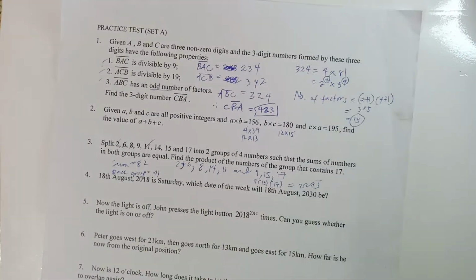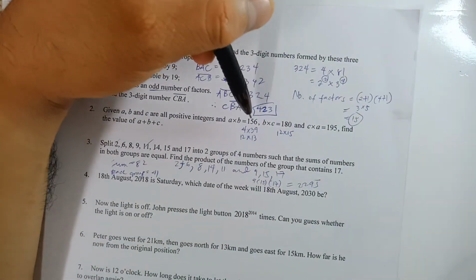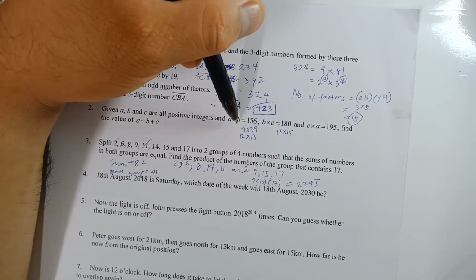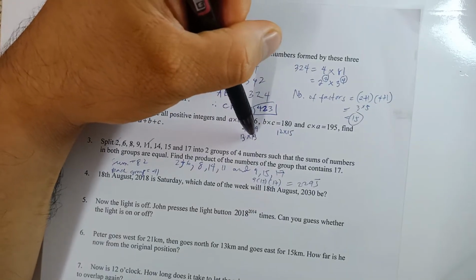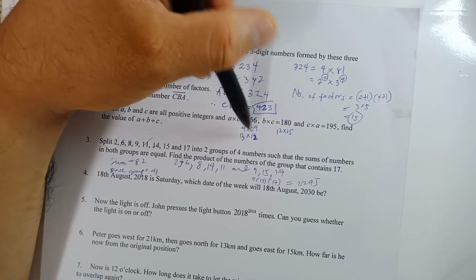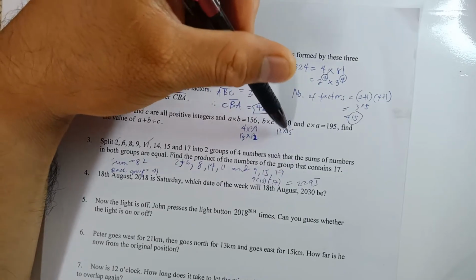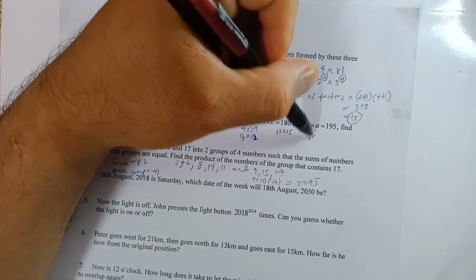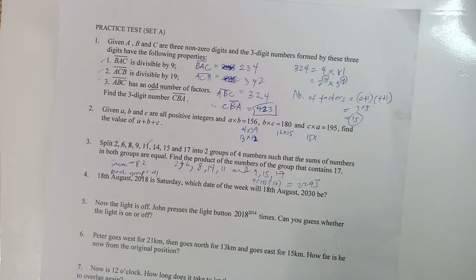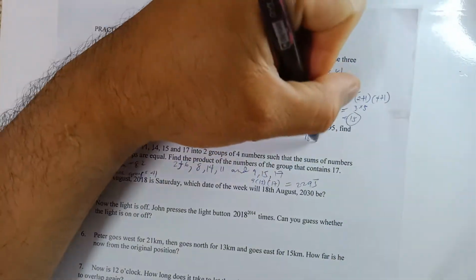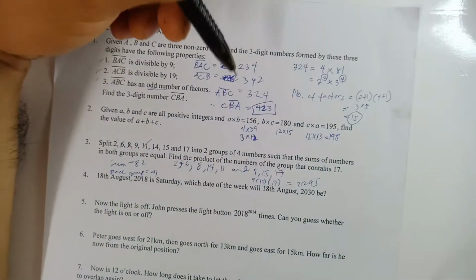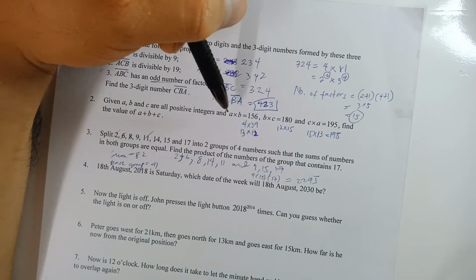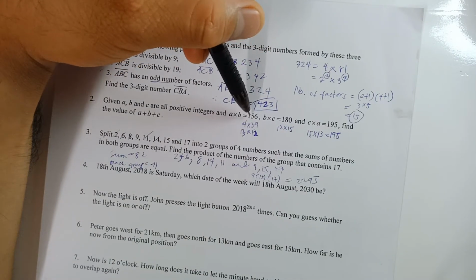Okay, and it looks like our A must be 13, so we can rewrite it as 13 times 12, so that our B becomes 12, and it looks like our C is 15, so 195 should be 15 times 13, which is correct. Okay, so we got the correct numbers. Our A is 13. 13 times 12 is 156.